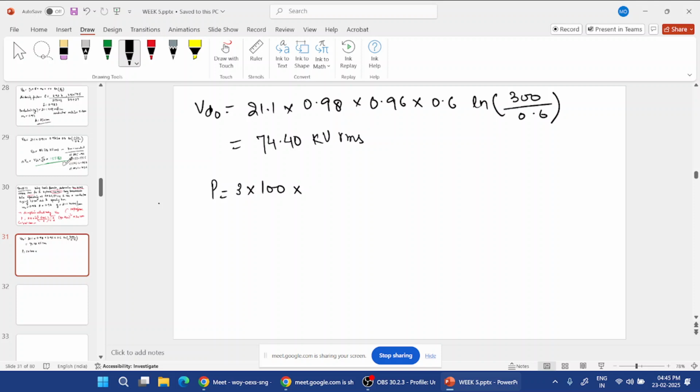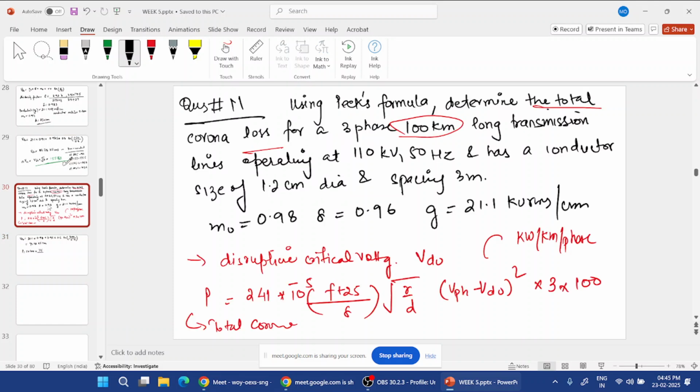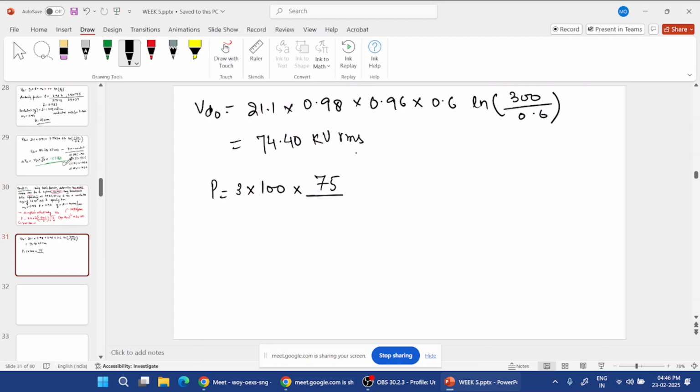into f. F is given here as 50, so it will be 50 plus 25, 75, divided by the air density correction factor, which is 0.96, into under root r by d.